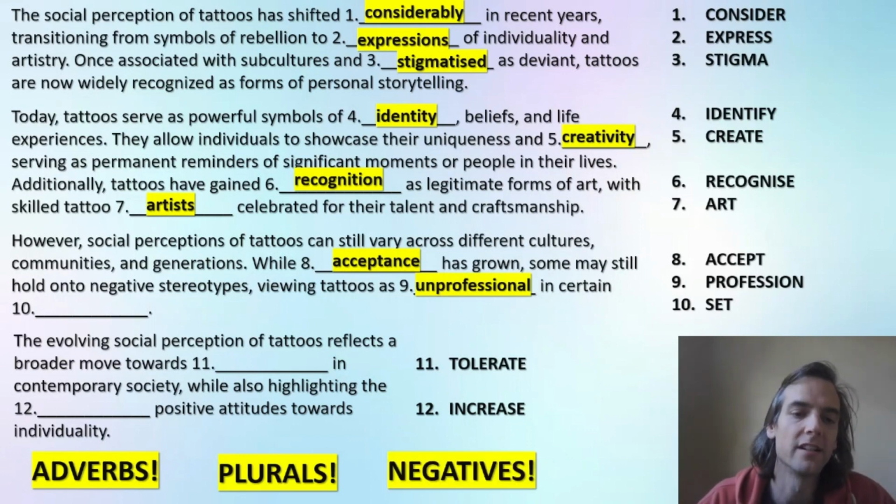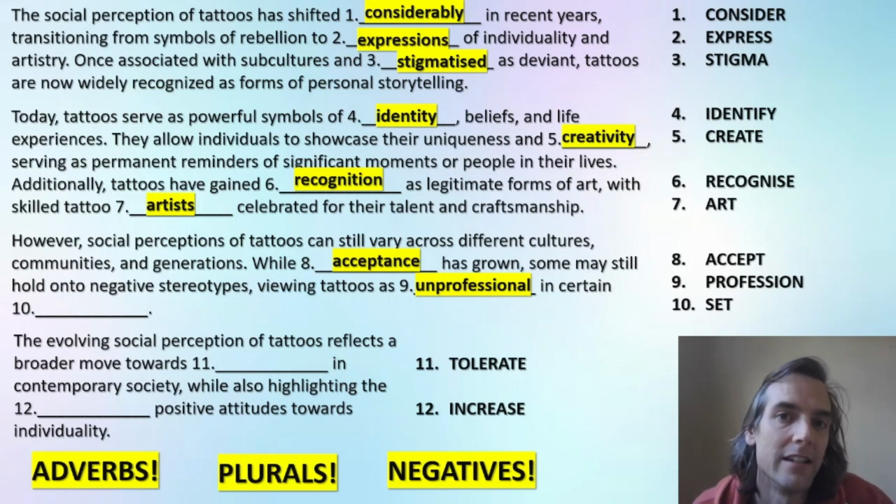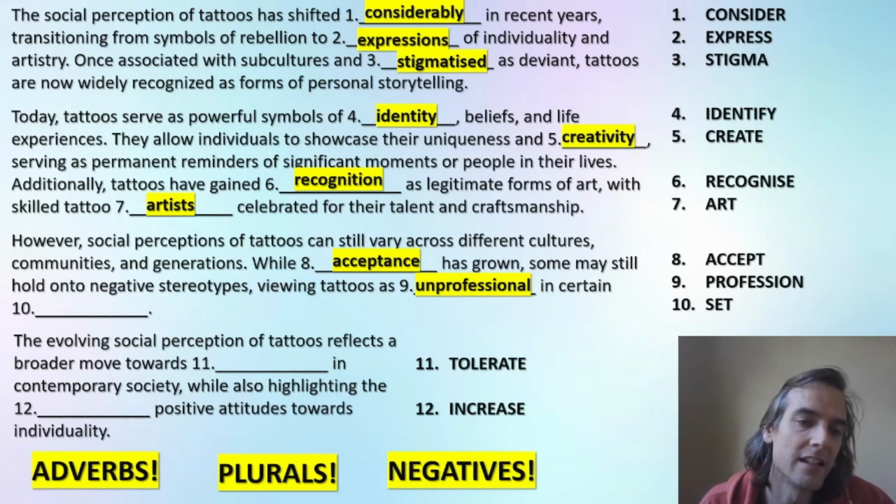This is my third point, negatives. There will normally be a word or two that from the context of the sentence needs to be made negative. Organized, disorganized, professional, unprofessional, legal, illegal, and so on. And they might often be one of these, doubling the letters, like responsible, irresponsible, where you have to double those letters. So learn your common negatives and read the sentence to make sure it makes sense when you're talking about a negative word.